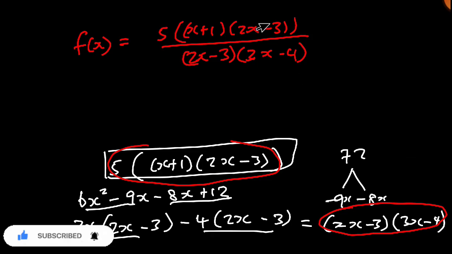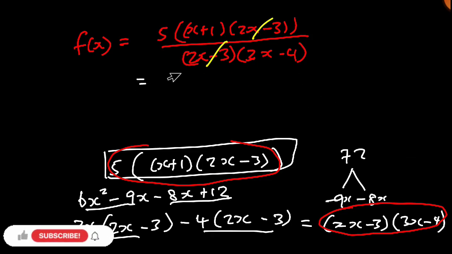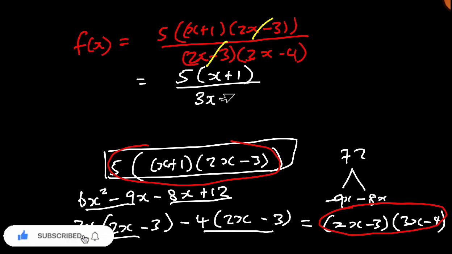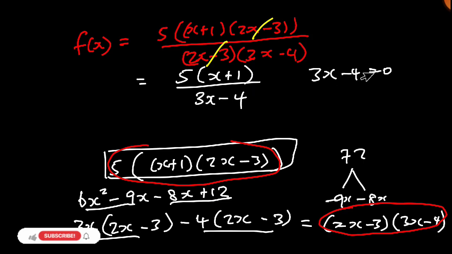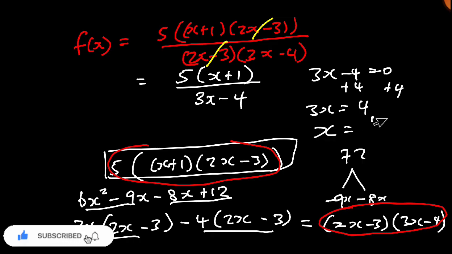Now this 2x minus 3 and 2x minus 3 will cancel. We'll be left with 5 multiplied by x plus 1 divided by 3x minus 4. So we're going to set the denominator to 0. So 3x minus 4 is equal to 0. If you add 4 to both sides, you're going to have 3x equals 4. So the vertical asymptote is x equals 4 divided by 3. So this is the answer to this question.